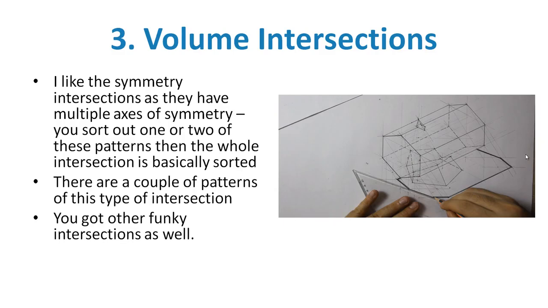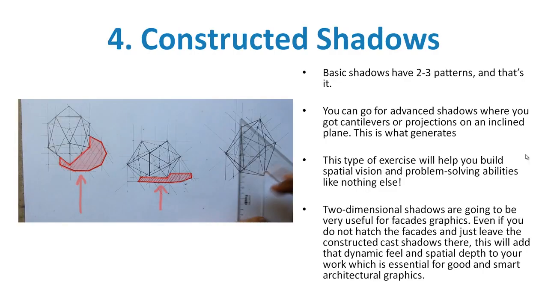You see that there are patterns. There are a couple of patterns even in the drawing you see here. Both volumes have axes of symmetry, and they're kind of easy to sort out. Then you've got the funky and weird intersections, which just melt your brain when you see them, but they develop spatial vision like nothing else.